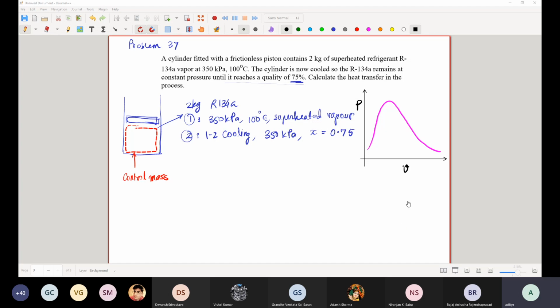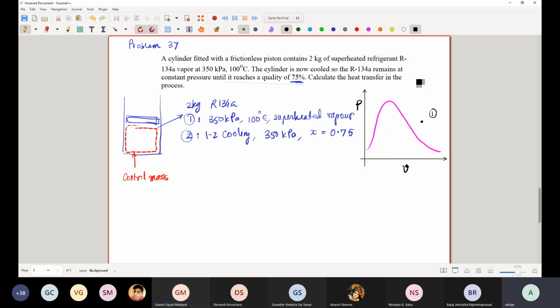Saili. Yes, sir. So it is superheated, so it will be outside the dome. So over here you mean, on the right side. Yeah. So I will mark this as point 1. Now where will be point 2 in this PV diagram? Sir, it is said that constant pressure. So if we draw the isobar, then it will be on the same line.